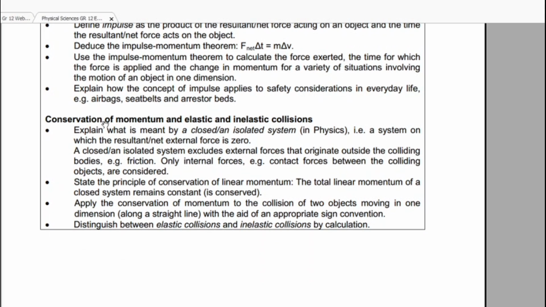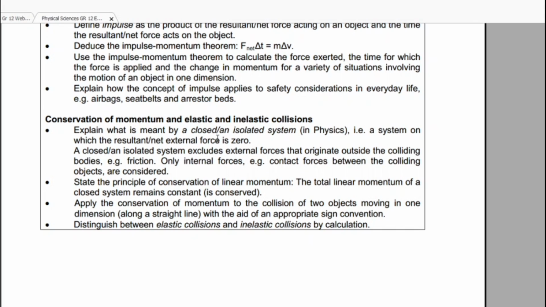Okay, and then we go to conservation of momentum and elastic and inelastic collisions. So explain what is meant by an isolated system or a closed system. So in physics, what is a closed system or an isolated system? You would say in physics, a system on which the resultant force or net external force is zero.